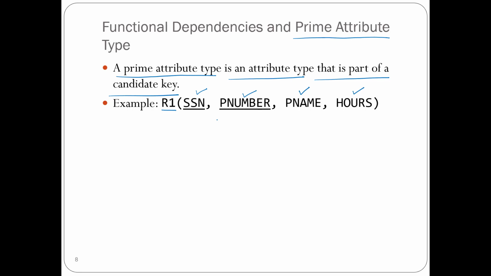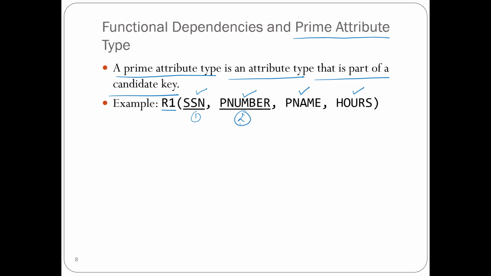For that kind of scenario, our candidate key is going to have the social security number, which I'm putting as the first attribute, and the second attribute is P number. So in this case, our candidate key is a composite candidate key. We can have an atomic candidate key as well.